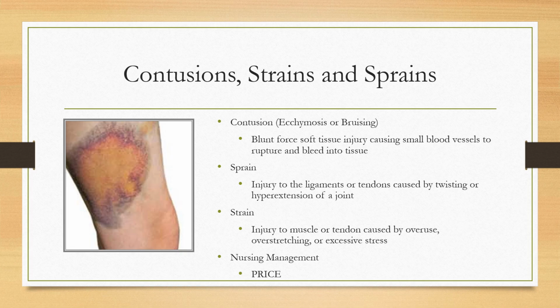They attach bone to bone, right? What do tendons do? They attach muscles to bone, right? There's a tendon in between them. Okay, so a sprain we typically reserve for ligamentous injuries. Okay, and that's why it's saying caused by a twisting or hyperextension of a joint.